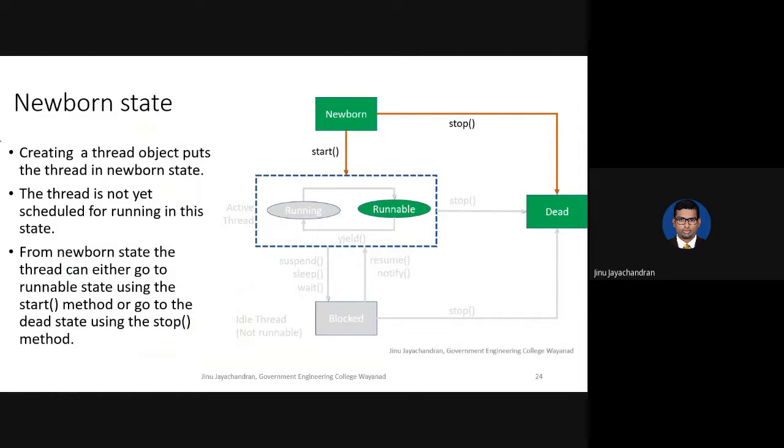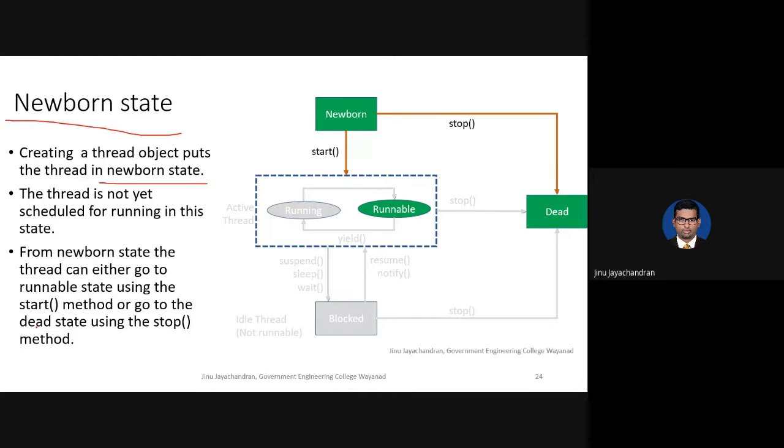The first and foremost state is called the newborn state. Newborn state means when you create a thread. Actually, these states are implemented in the operating system. So when you create a thread, the operating system will put that thread in the newborn state.